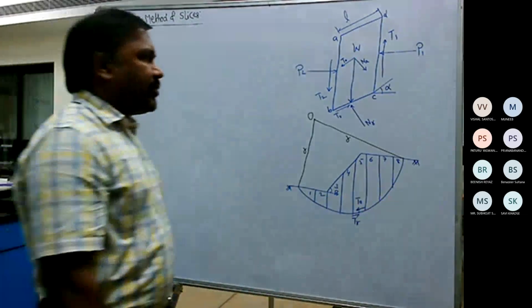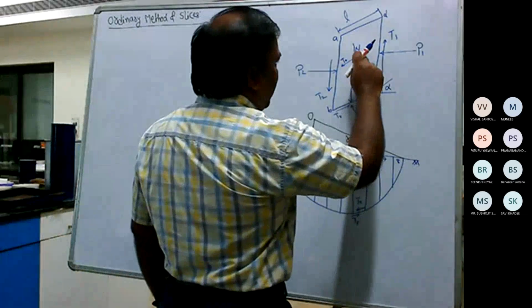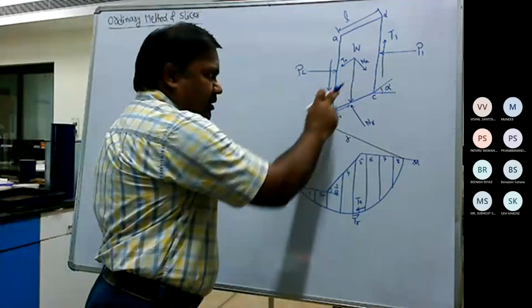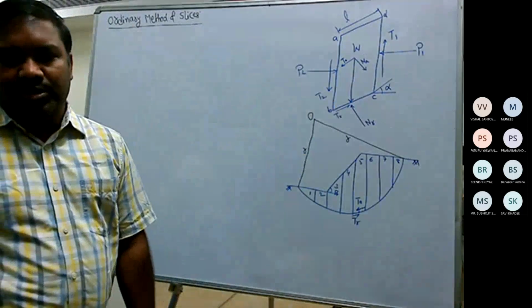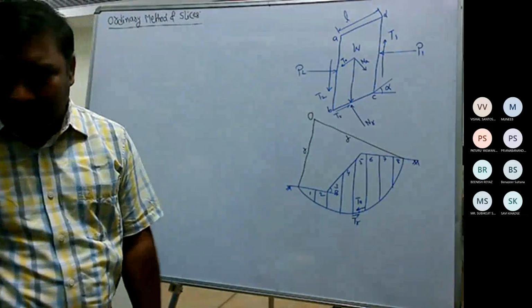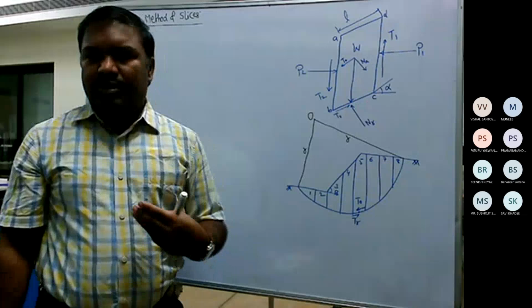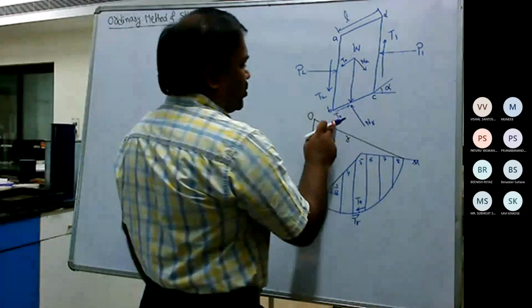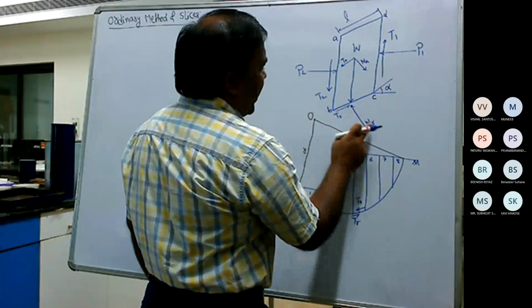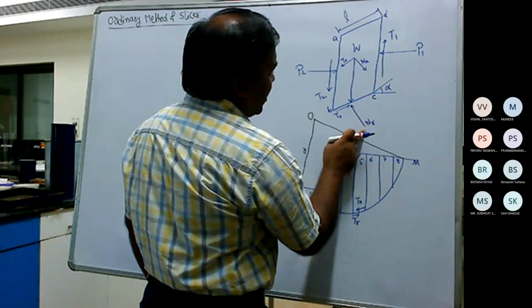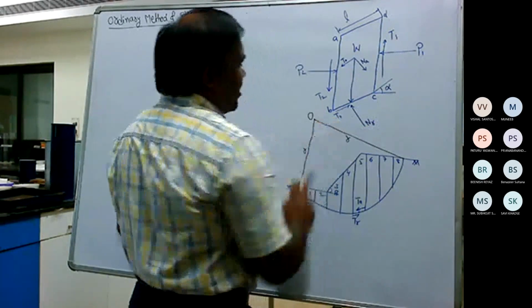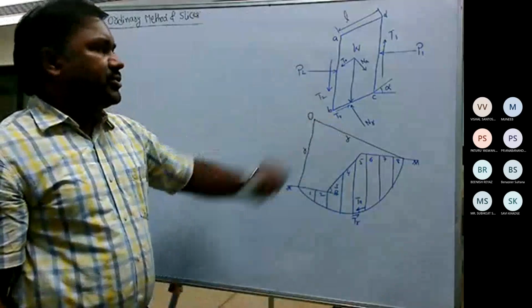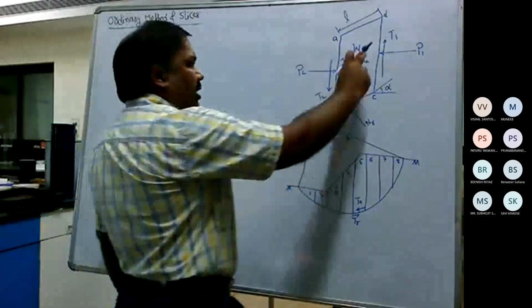Here W is acting in the vertical direction, which will cause, as per our previous class discussion, a driving force. This driving force is counteracted by the shear strength of the soil, in the form of TR and NR. NR is the normal force and TR is the shear force.